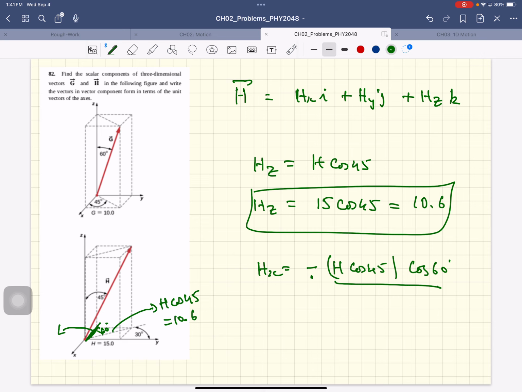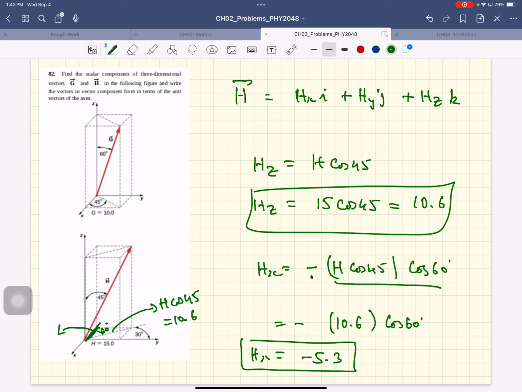All right, so this is negative 15 cosine 45, that's 10.6, times cosine 60. hx is that.